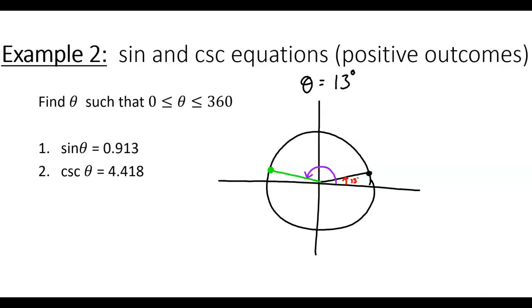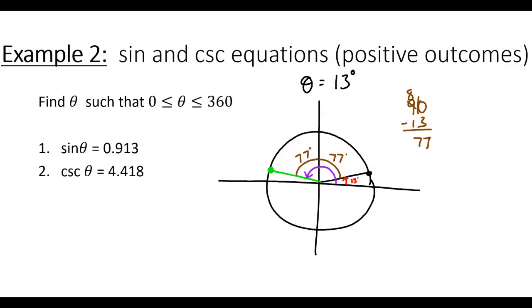All right, I'm going to go with a similar method as last time. This is 90 degrees. So 90 degrees minus 13 degrees will tell me what this piece is up here. So I get 77 degrees. Now, if that's 77 degrees, because of symmetry, this half is also 77 degrees.